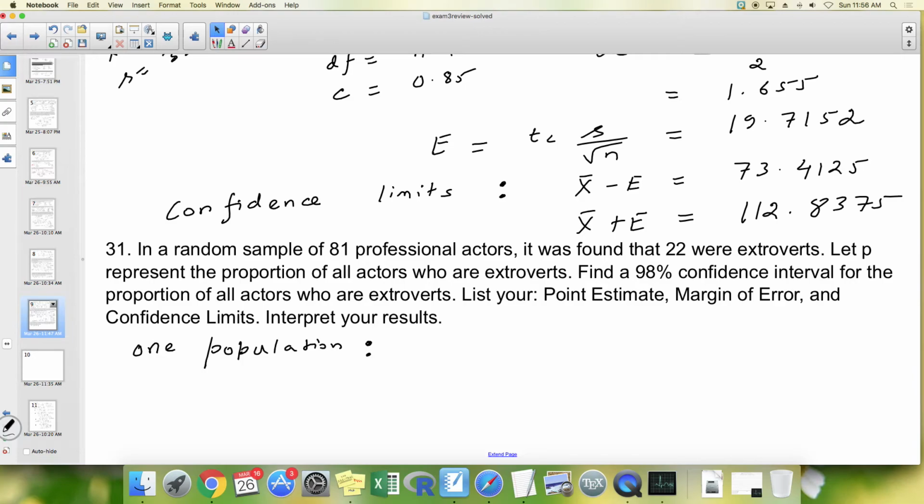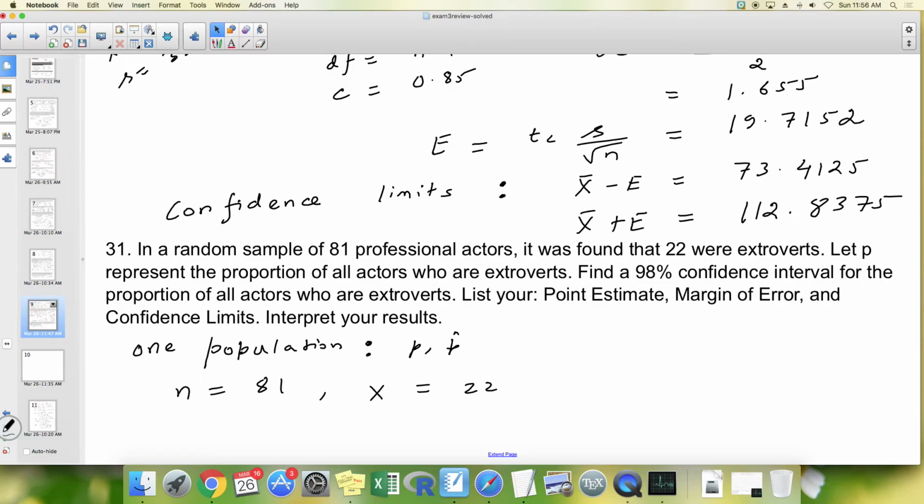You can check, it's like p hat. That means it's a problem about proportions. We can see that n is 81. Out of that, x is the number of successes, that's 22.